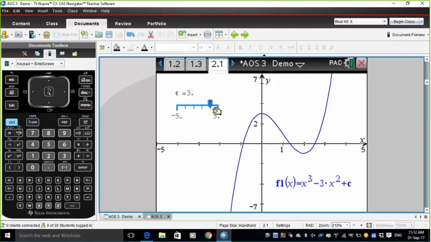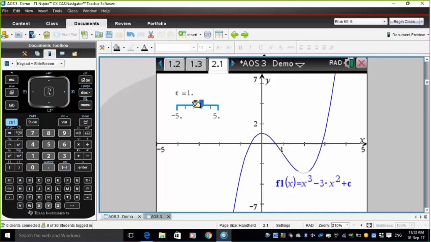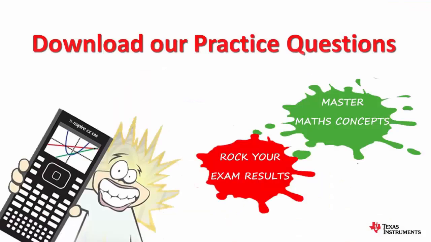And you can think of the value of c as just a translation parallel to the y-axis, which affects how many times this graph will cross the x-axis according to the y values of the turning points as well.